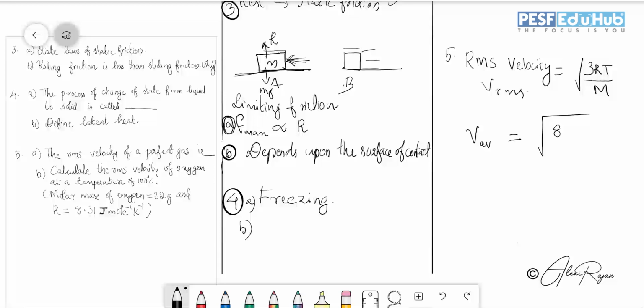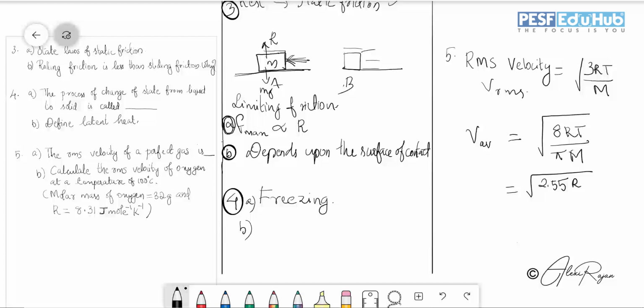By calculating all those things, you will get a value like root 2.55 RT by M. But just keep this equation in your mind. Just learn this equation by heart.